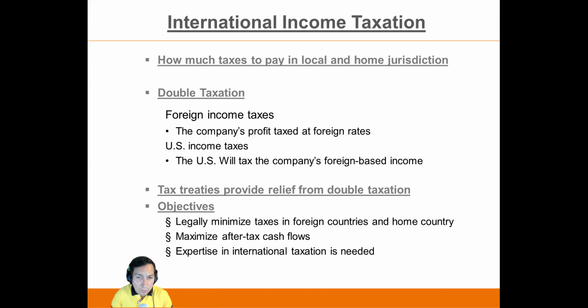That means you will have to pay taxes additional to the ones from the Mexican entity. We will see this topic further, because we also have different tax treaties that provide some relief from this double taxation.